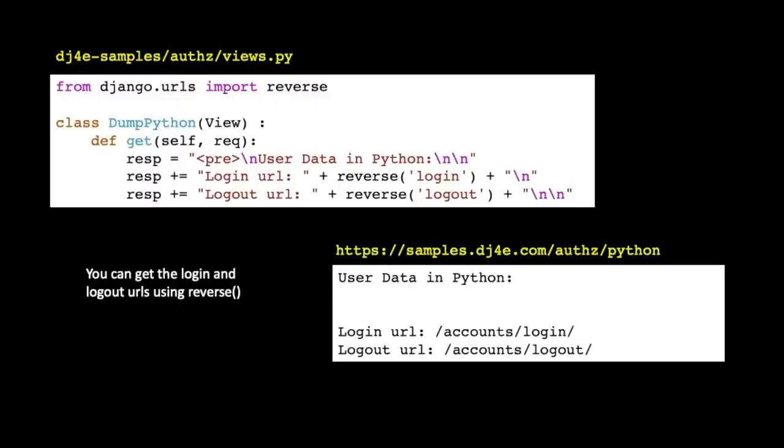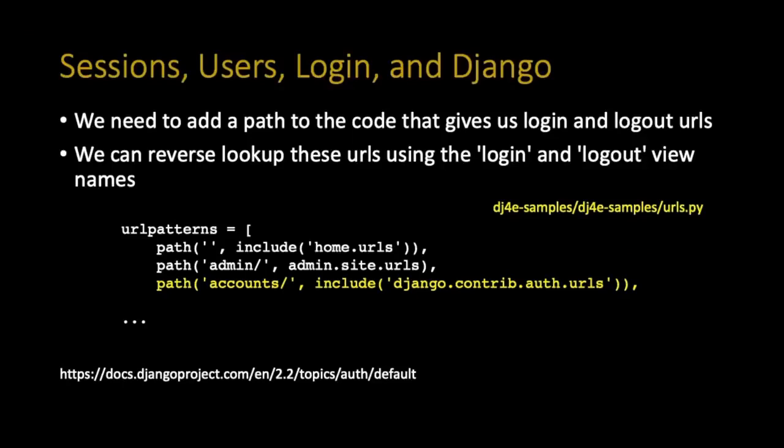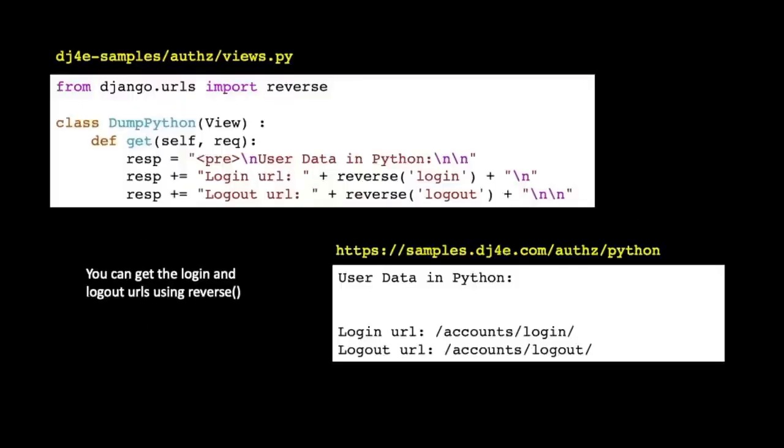So the way we get the URLs to the login and logout features is we use the reverse. We've been using reverse all along. Reverse is the way we look up a particular view. And in some urls.py, matter of fact, in that Django contrib auth URLs, there is a name equals. There's a view in there that we didn't write, and it has name equals login and name equals logout.